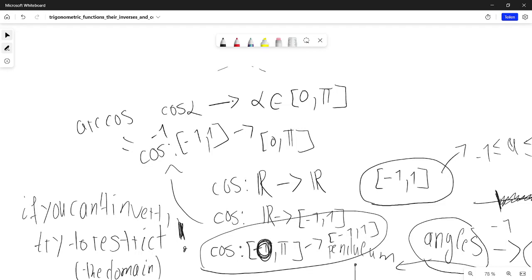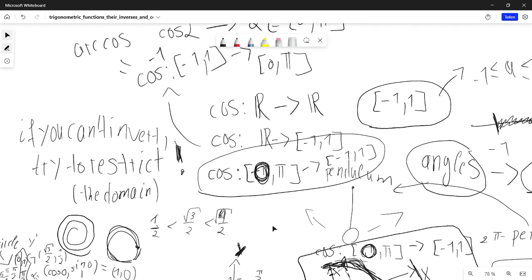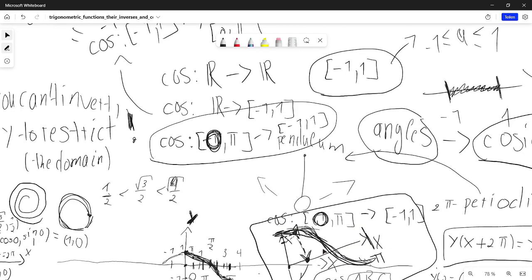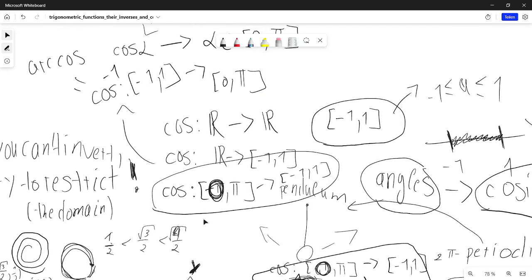I computed cosinus, and I gave my calculator the task to compute the arc cosinus. That is, give me the corresponding x coordinate here. So it goes here and looks here, and gives you this angle. But you see, this angle will always be in 0 to pi.